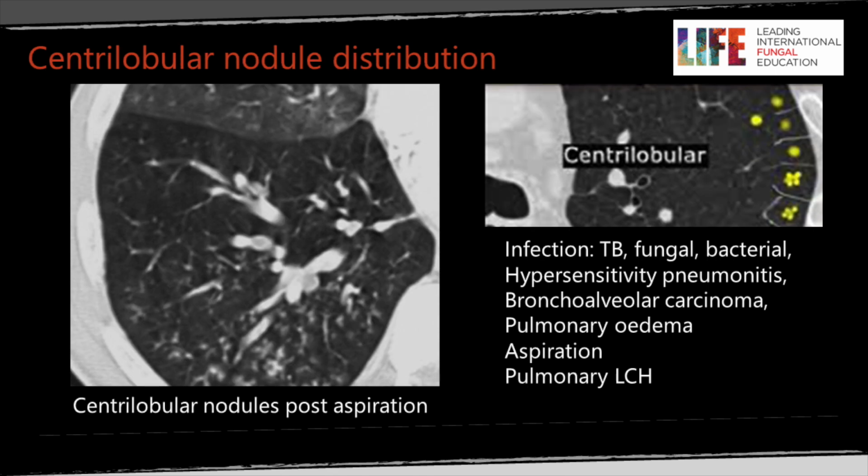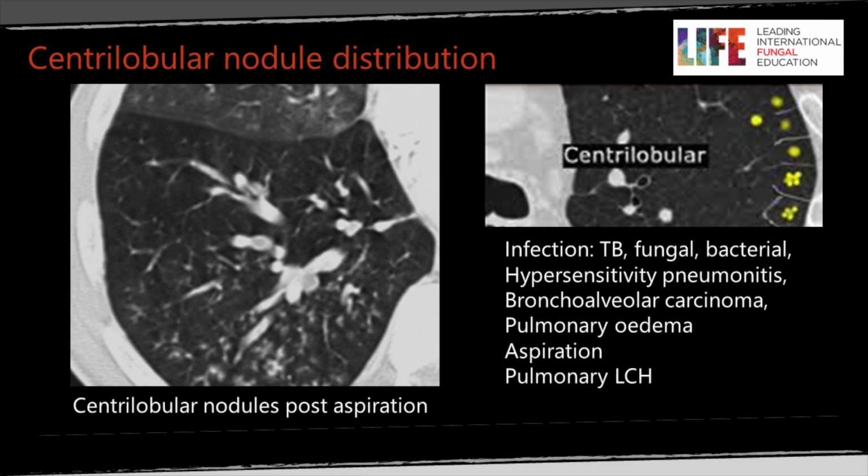If there's an inhalational problem or a spread through the airways, then we'll tend to get a centrilobular pattern. So this is a patient who's aspirated, and there are numerous small nodules sitting within the centrilobular area.